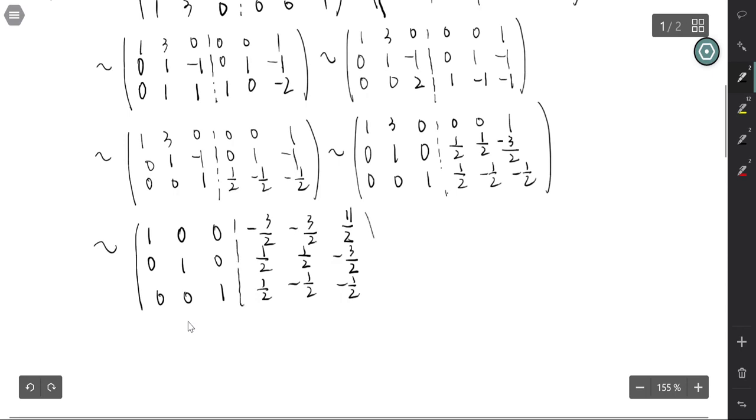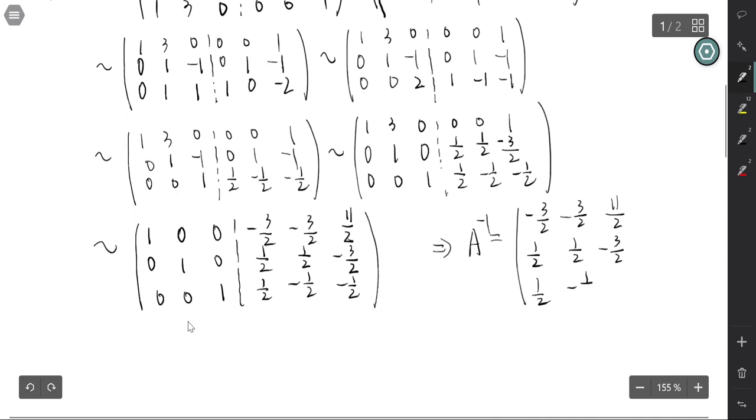So the left part is changed to the identity. So we got the inverse of A is negative 3 over 2, negative 3 over 2, 11 over 2. That's 1 half. That's 1 half. Negative 3 over 2, 1 half. Negative 1 half.